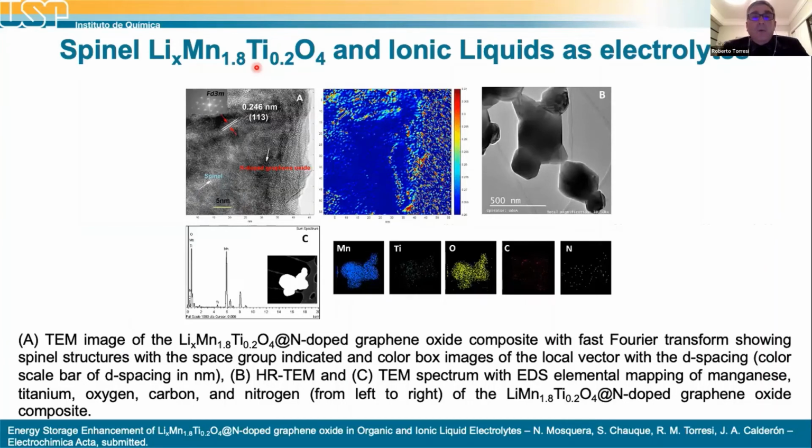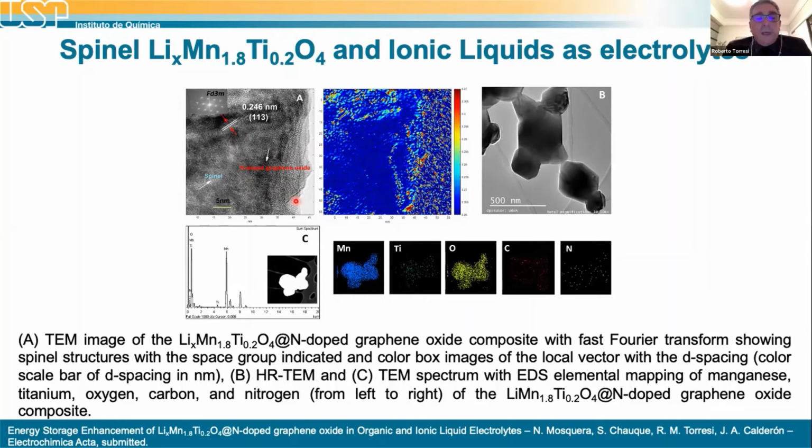In our case, we make a composite with a graphene material that is made by the thermal decomposition of organic molecules, and the idea to put graphene there is to improve the electronic conductivity between particles.